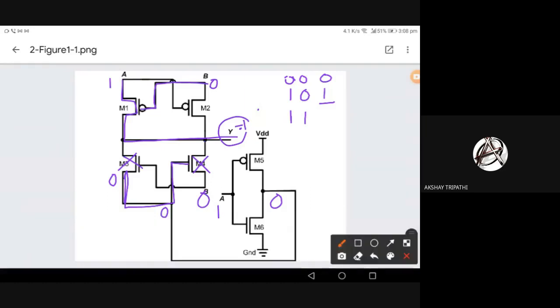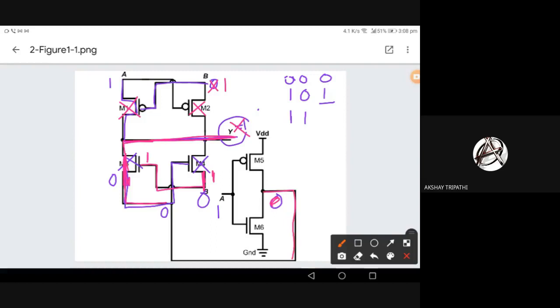Okay, so now B is equal to 1. M1 is also off, right? M2 is also off, right? So B is 1, so this B will be given 1 to here, and to M3 also. So M3 is on, and the source of M3 will be connected to the output Y. Now let's see what the value of Y is. Now A is 1, so this is 0 only.